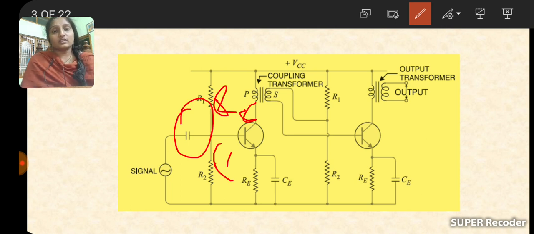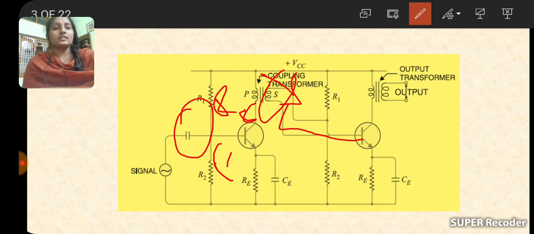So according to Faraday's laws of electromagnetic induction, the voltage that appears across the primary winding is transferred to the secondary winding of the transformer, and this secondary winding is connected to the base of transistor T2.